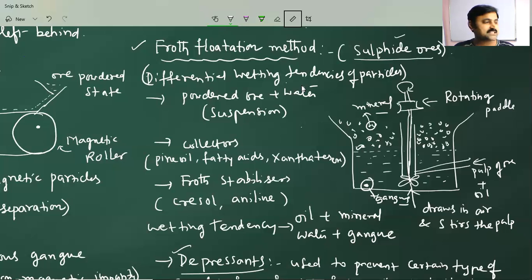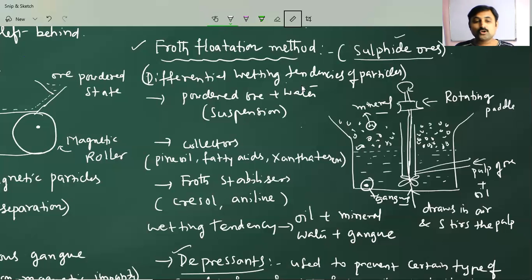In the next session, we will discuss other important points called leaching of ores. We will see NCERT 6.2.4, leaching of ores, and after that it will be continued with the extraction of metal from the concentrated ore.